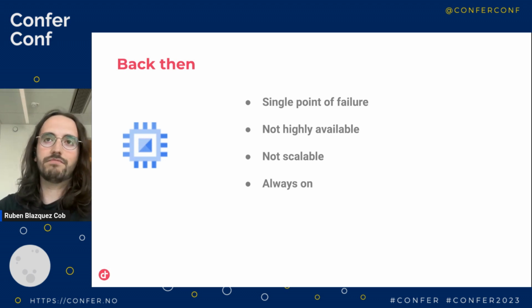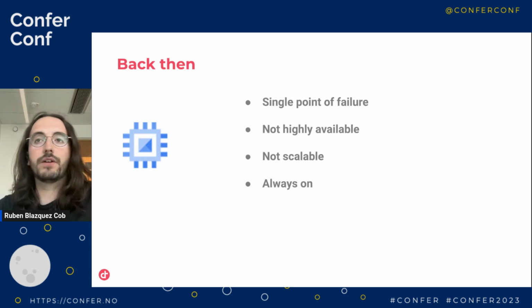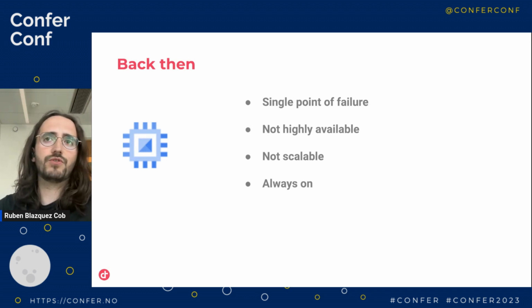So, of course, you got issues such as single point of failure. If your server, VM, whatever you have, was to fail, power off, whatever, that will be a problem, and we would not be happy about it. It's of course not highly available. That means if anything happens or if you need to migrate from one site to another, you're usually not prepared for that. And it is definitely not scalable and always on.